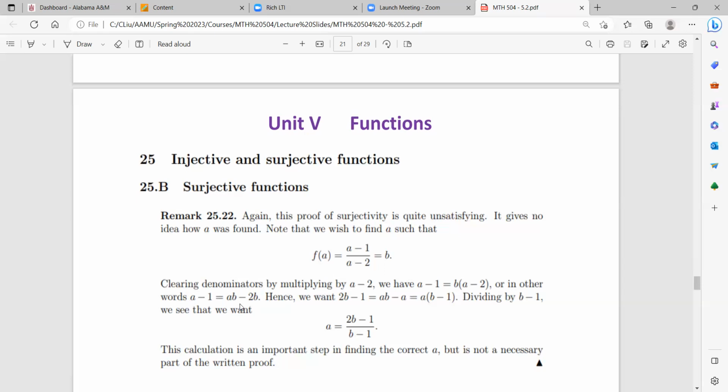So we got 2b minus 1 equals ab minus a. And then you can factor a on the right side, you get a times b minus 1, and then you divide by b minus 1 both sides, you get a equals 2b minus 1 over b minus 1. So that's pretty straightforward. So that's how we found the a value corresponding to the b in the codomain.